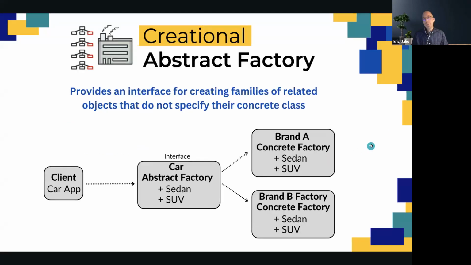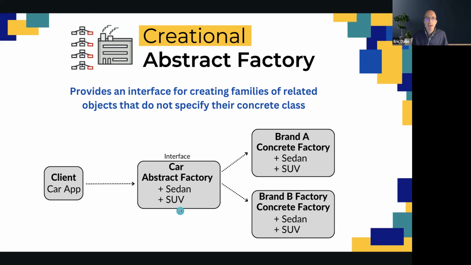Looking at one of those in the creational category, we have the abstract factory. The abstract factory provides an interface for creating families of related objects without specifying their concrete class.